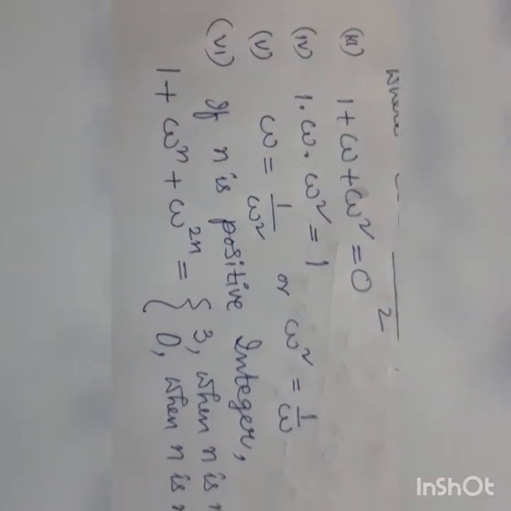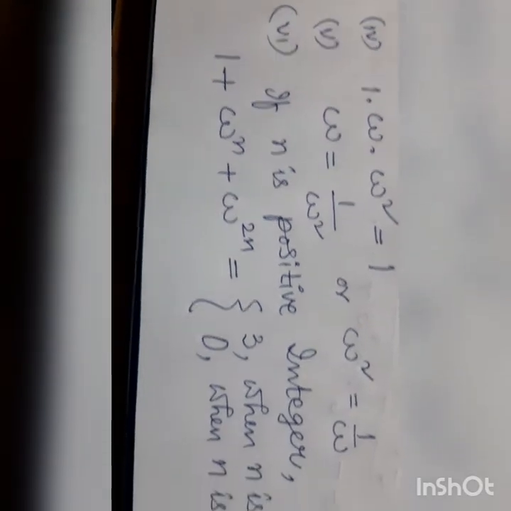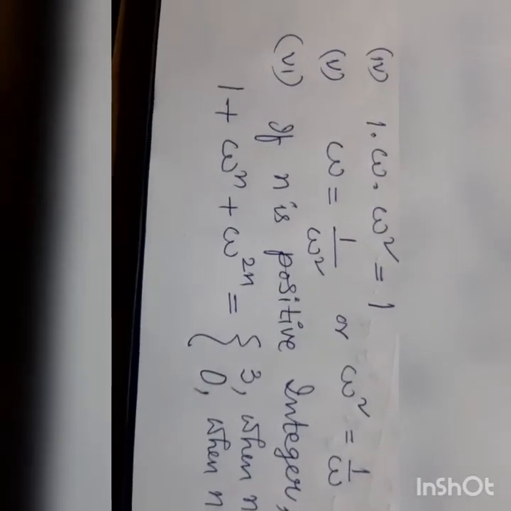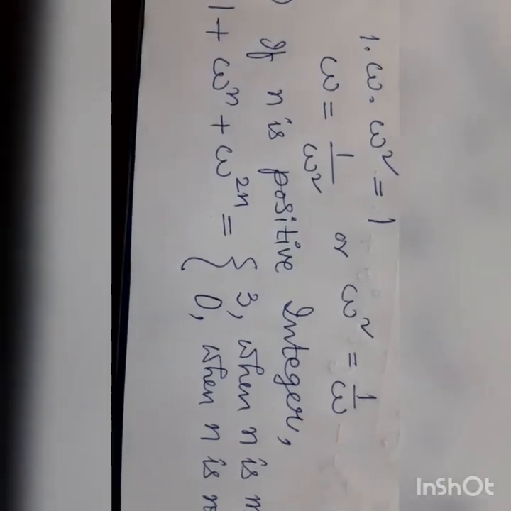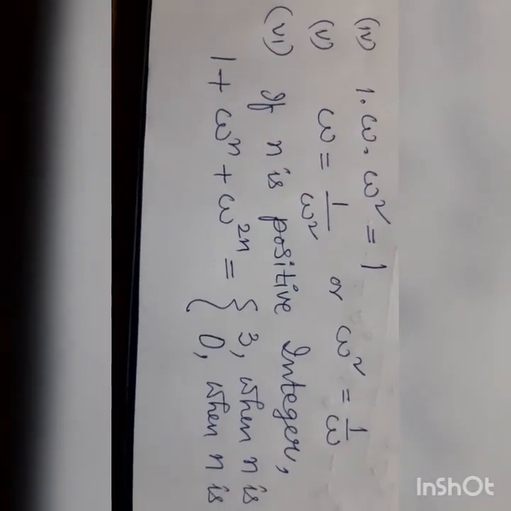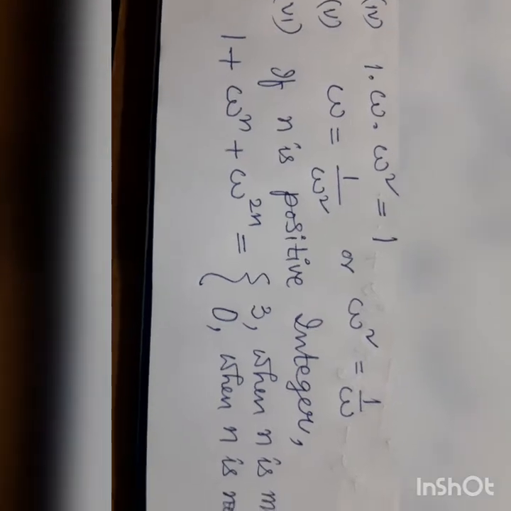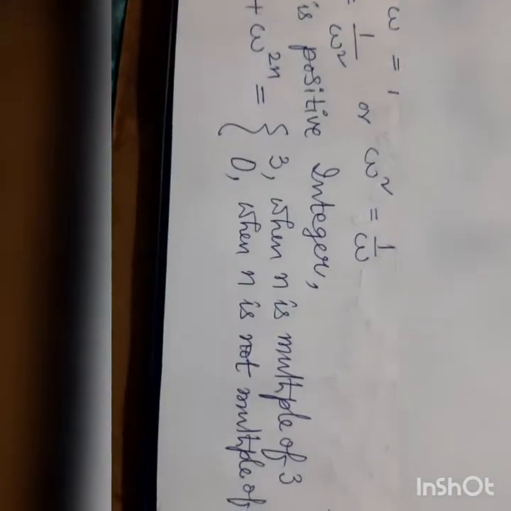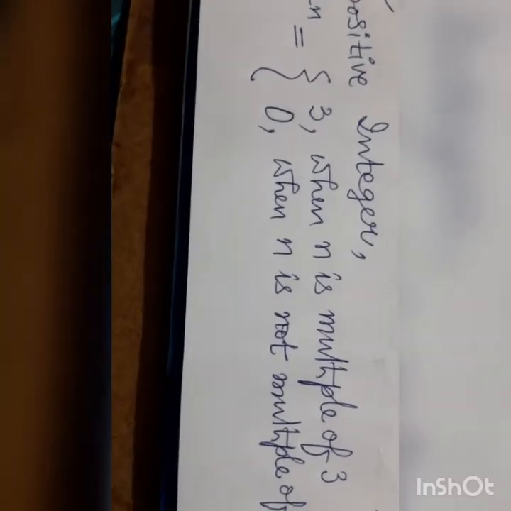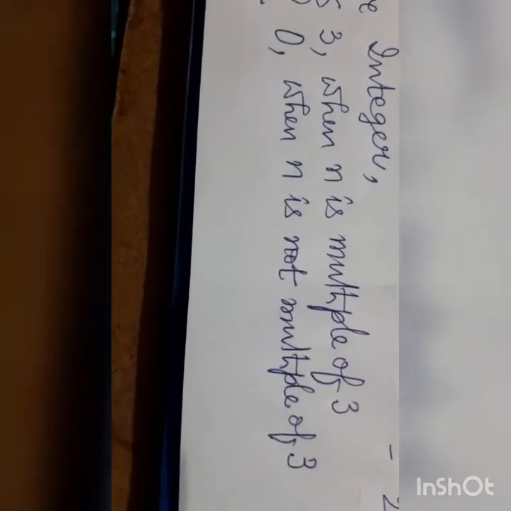Next, if n is a positive integer, 1 plus omega power n plus omega power 2n equals 3 when n is a multiple of 3. When n is a multiple of 3, the answer will be 3.